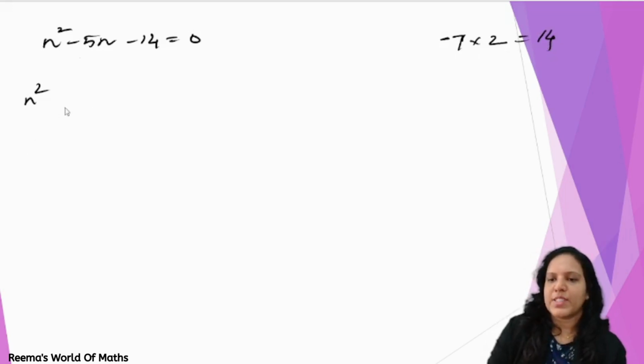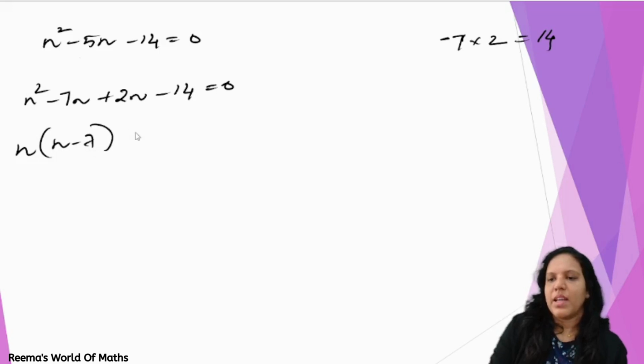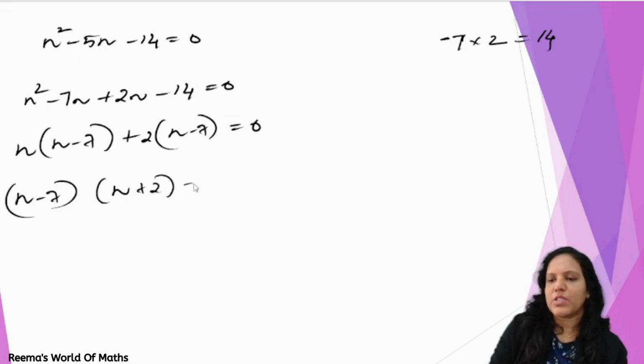So that is n squared minus 7n plus 2n minus 14 equals 0, correct? We can take n outside, so n into n minus 7, plus 2 into n minus 7, equals 0. So that is either n minus 7 equals 0 or n plus 2 equals 0.